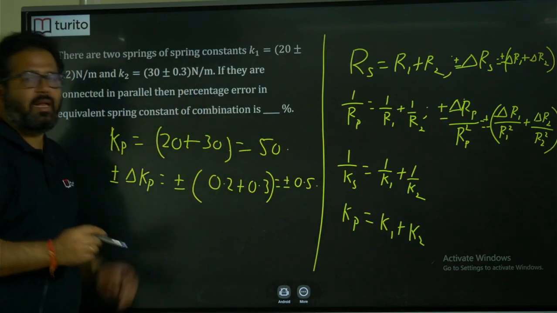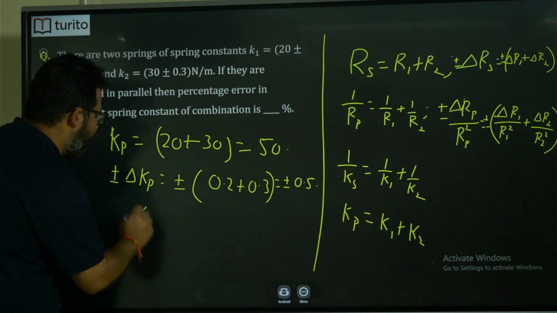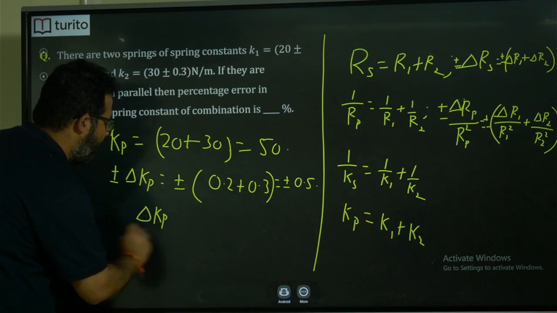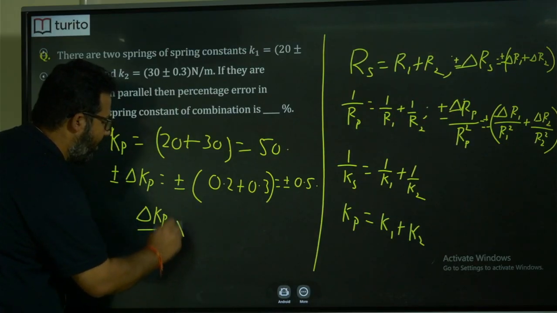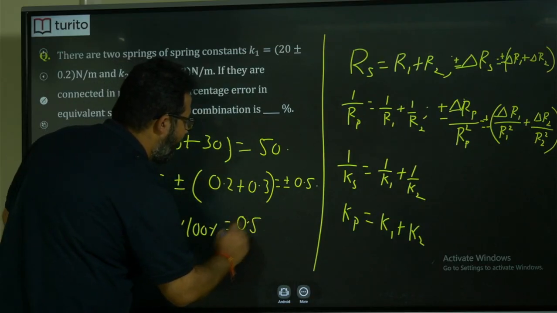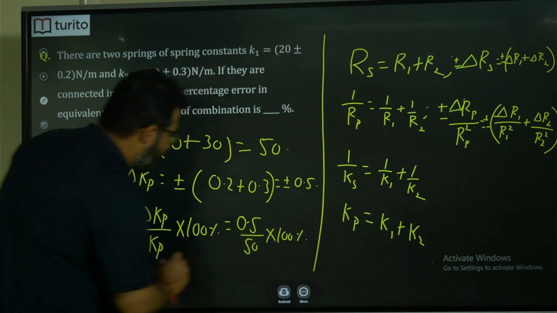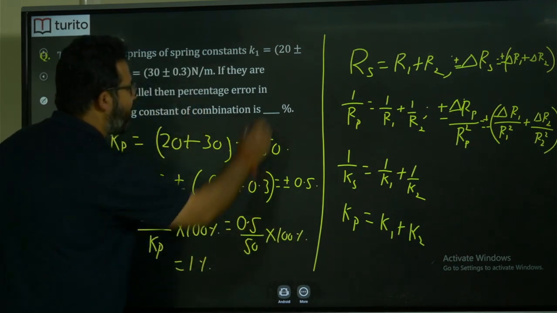But we have to tell the percentage error. The percentage error is delta Kp by Kp into 100%, that is 0.5 by 50 into 100%. So this will be 1%, hence the answer will be 1%.